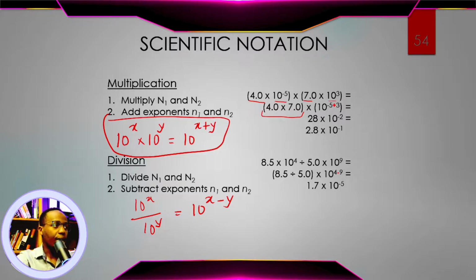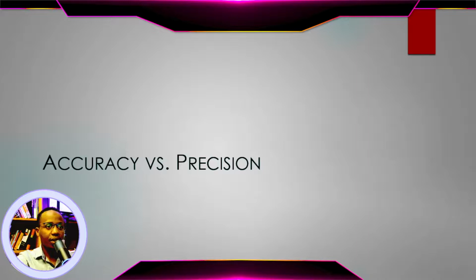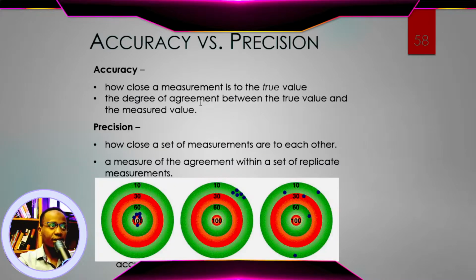All right, so let's talk about accuracy versus precision. Right? These are different terms that we use in chemistry. So accuracy versus precision, what's the difference? Well, accuracy is how close a measurement is to the true value, right?